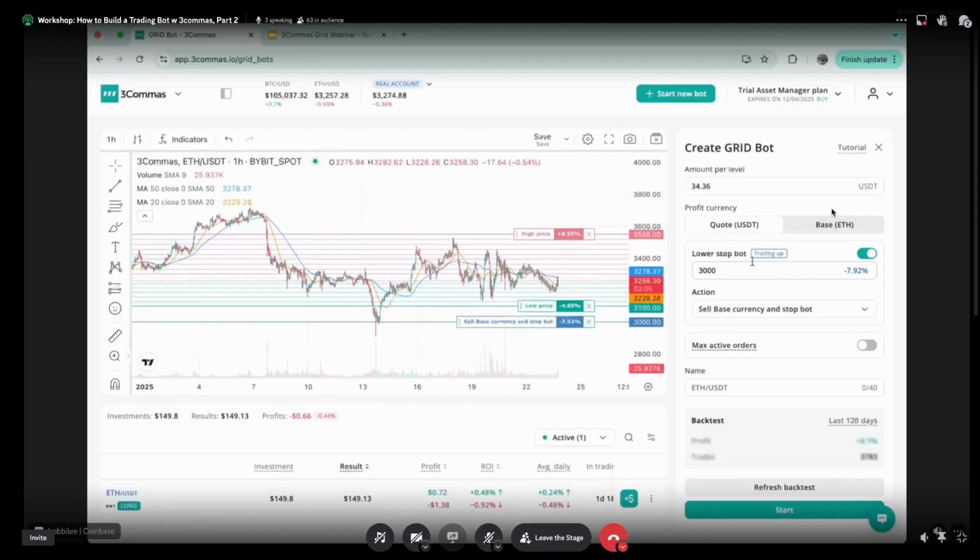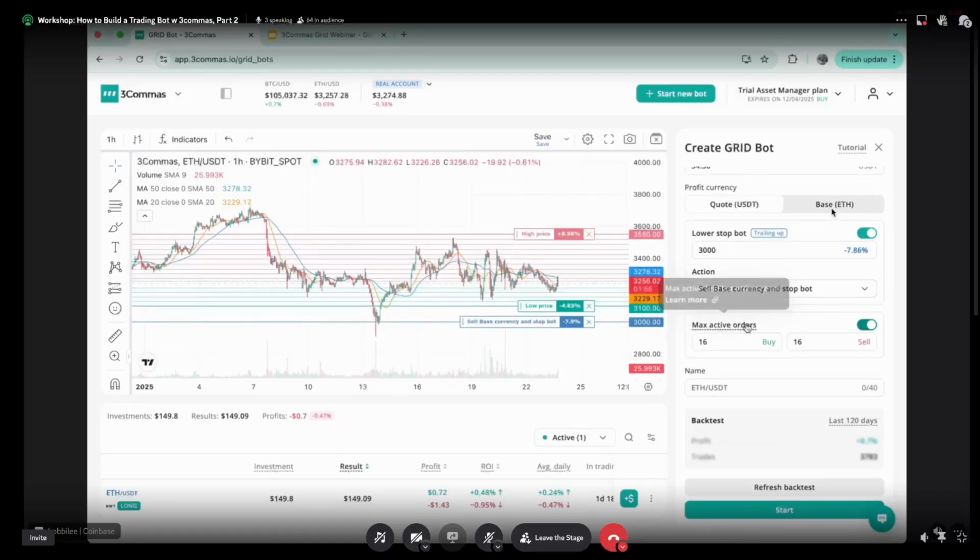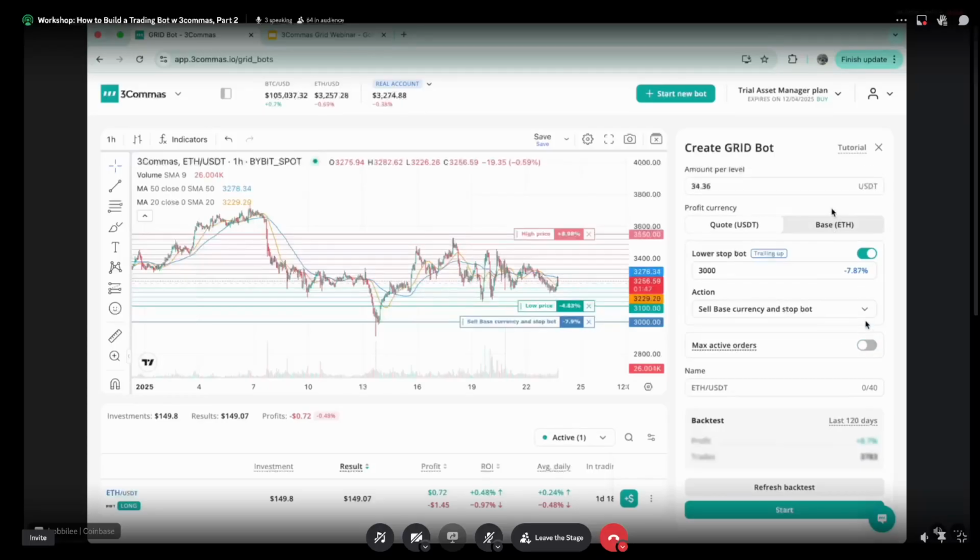So I will put my stop here. You can put, of course, a name. Another thing, you can set how many max active orders you have. It's a nice-to-have feature. I can't say that I use it a lot, but still, everyone has it, so it's here for you guys as well.